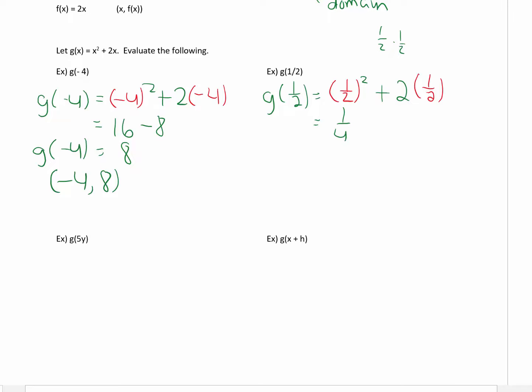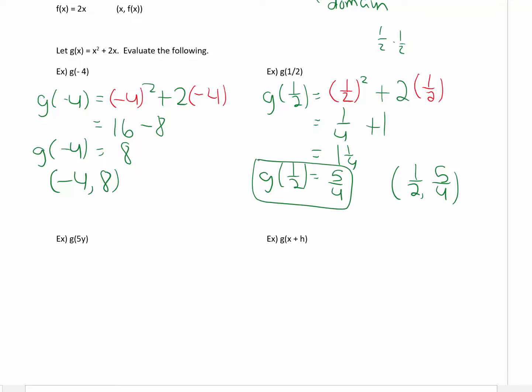Half of 2 is 1. 1 plus 1/4 is 1 1/4, which is the same thing as 5/4. So when the domain is 1/2, the range value is 5/4. I always like to write it as an ordered pair to show the relationship, but this is really all that you would need here.